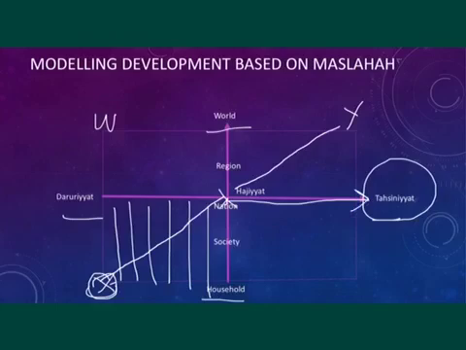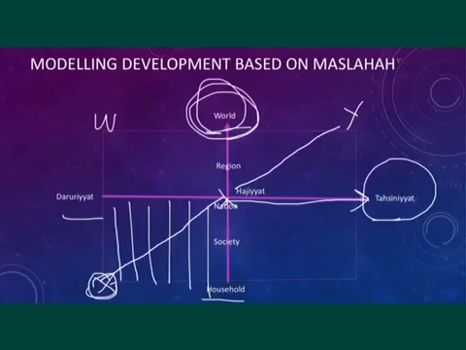But remember, as a Muslim, thinking as one ummah means that we should not just confine our development based on the national agenda, rather global agenda or ummatic agenda should also be the focus.